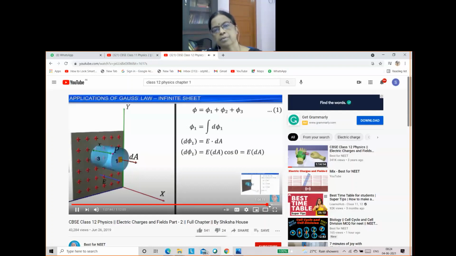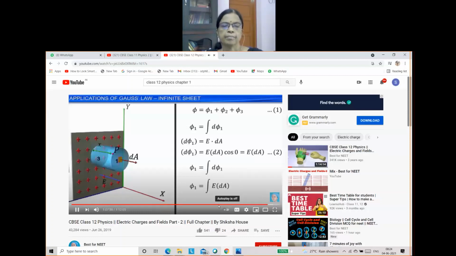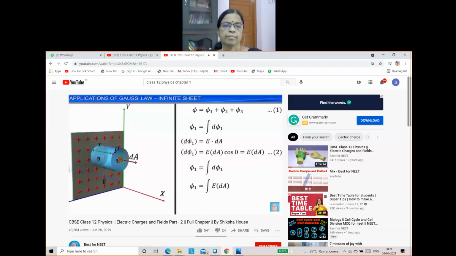It is important to note that E is constant in magnitude for all points on S1. Now, phi 1 is equal to integral E dA. Since E is a constant, it is taken out of the integral. Then phi 1 is equal to E into integral dA.